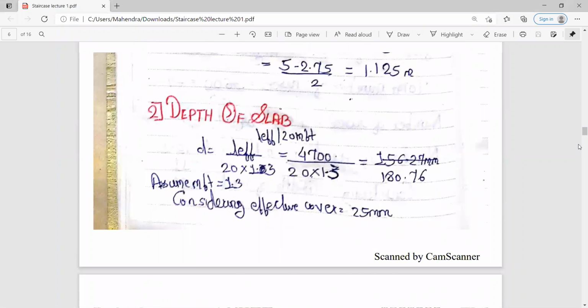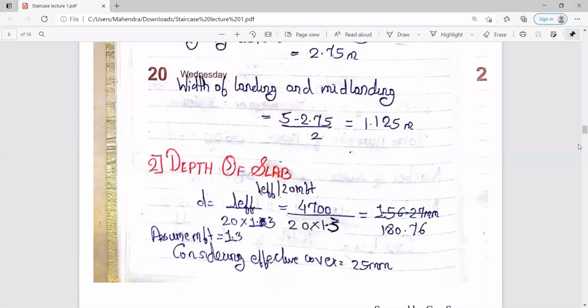So in step number 2, you need to calculate the depth of slab. For calculating D, you have the formula L effective upon 20 MFT. Now, why have we taken it as 20 MFT? Because we are doing this design for a simply supported slab. For a simply supported slab, the formula is L effective upon 20 MFT.